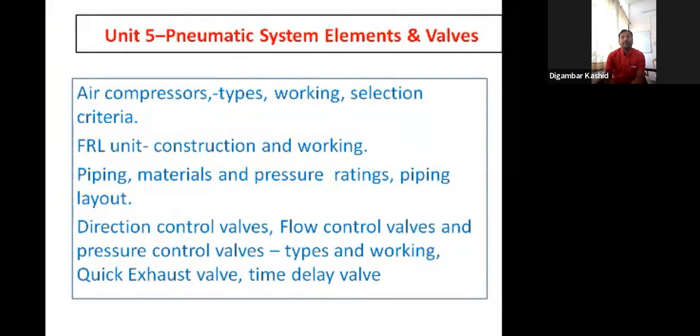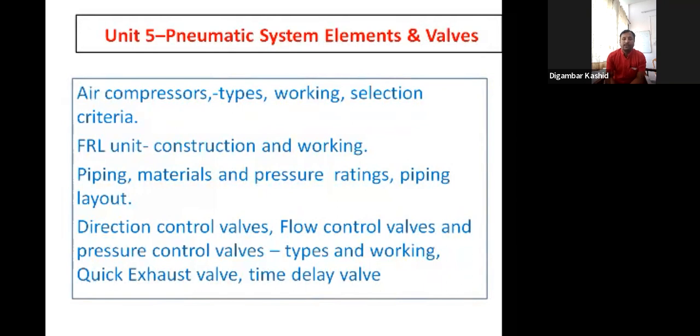For the air compressor we will discuss its types, working, operation, and how to select. Then we will see the FRL unit, and for this we will discuss individual construction, working, operation and its symbol also.